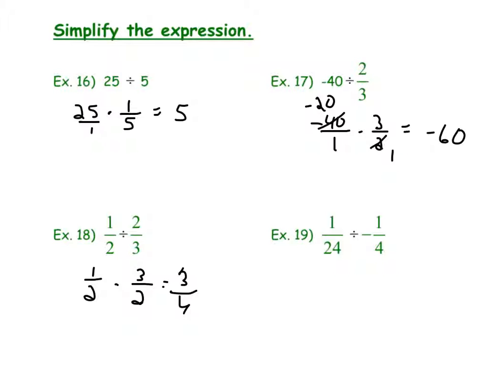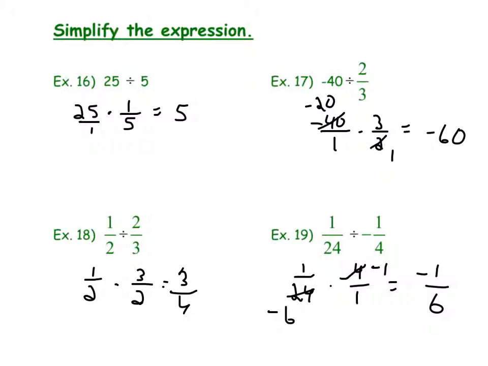And the last one, 1 over 24. Multiply by the reciprocal, which is negative 4 over 1. Then I can cross reduce, dividing by a negative 4. And then when I multiply, I get a negative 1/6.